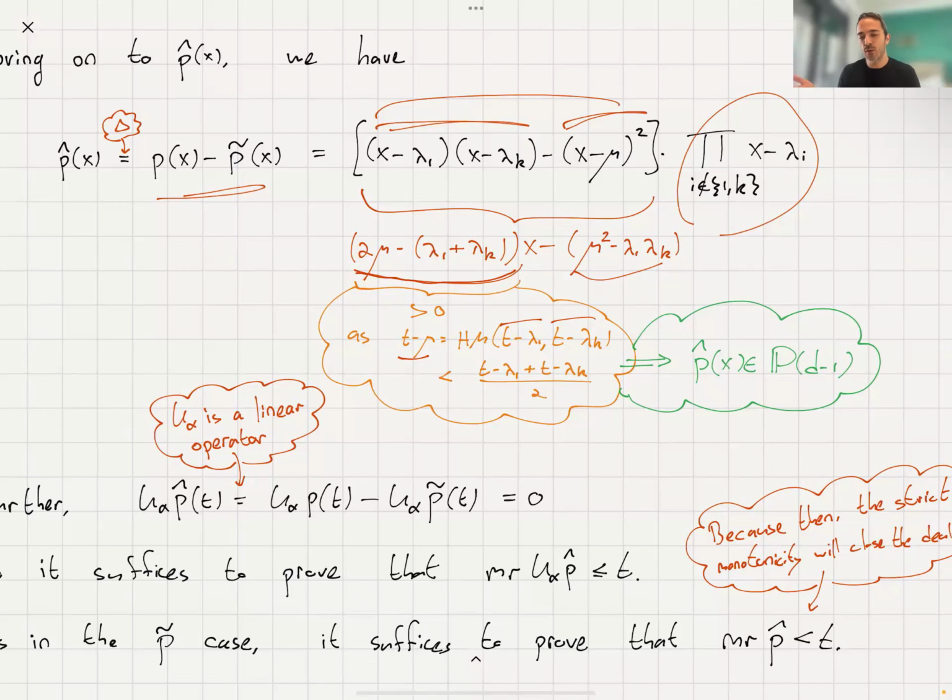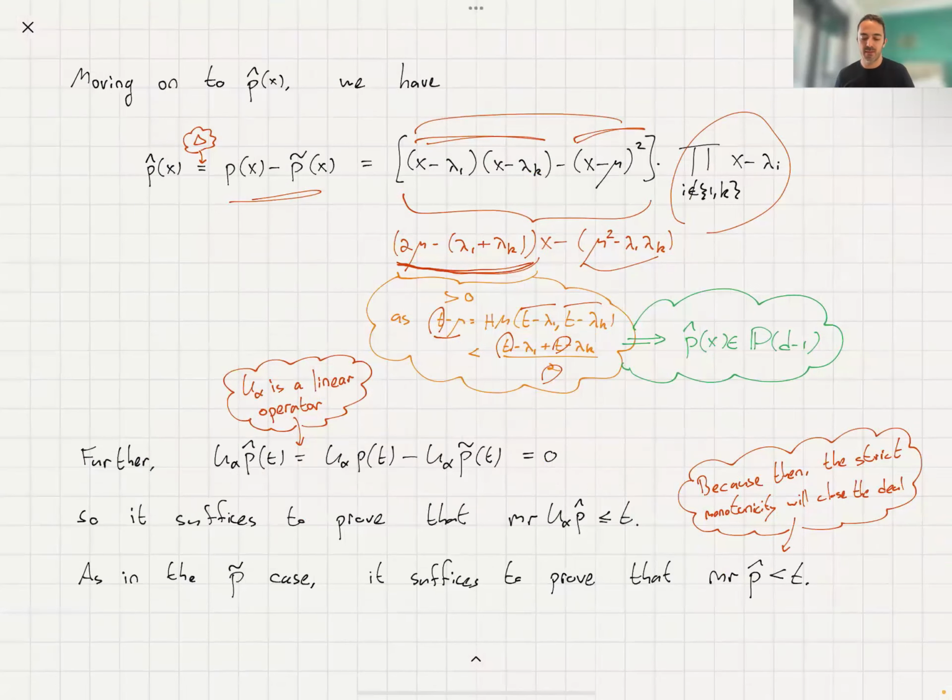And the harmonic mean is always bounded, and actually strictly bounded when the individual terms are different, by the arithmetic mean, namely T minus lambda 1 plus T minus lambda k over 2. And so from here, since you have a T on both sides, you can see that mu is at most lambda 1 plus lambda k over 2, which gives you that this coefficient is indeed strictly positive. So indeed, P hat is a polynomial of degree d minus 1 with a positive leading coefficient. It's not monic, but it has a positive leading coefficient. Okay, so that's one.